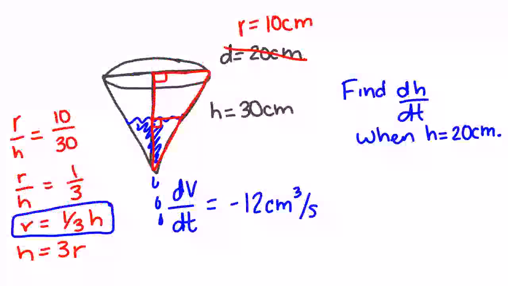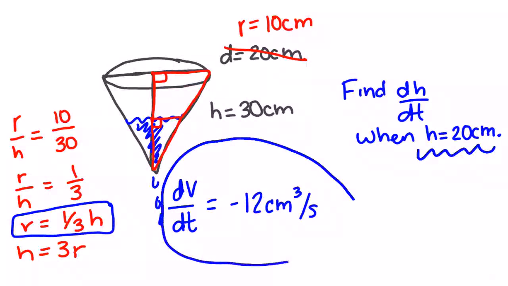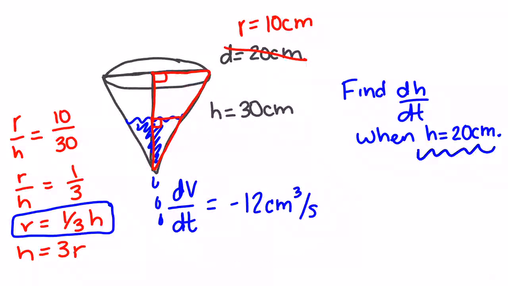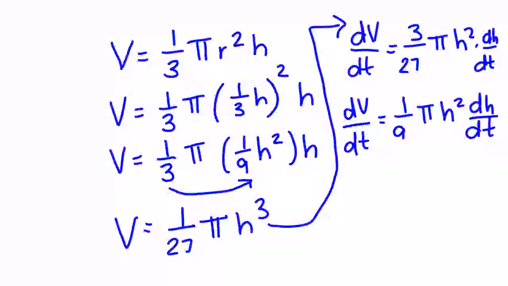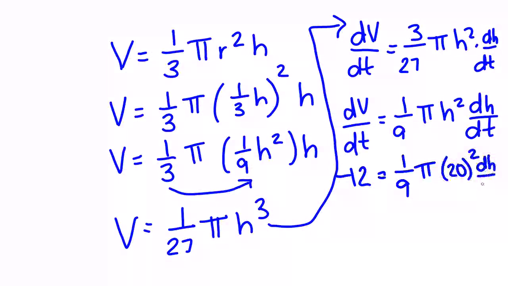They asked us to find dH over dt when the height is 20. So that means we can plug in H equals 20. They also told us that dV over dt is -12. So we get to plug that in as well. So the height is 20 and dV over dt is -12. -12 equals 1/9 pi times 20 squared times dH over dt.